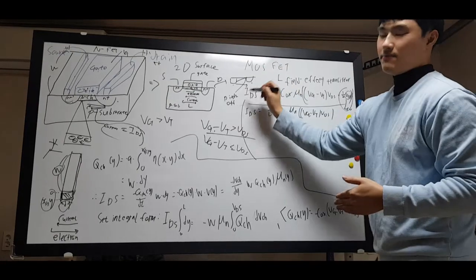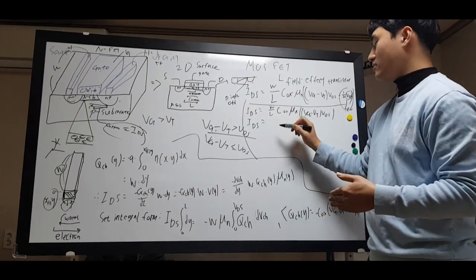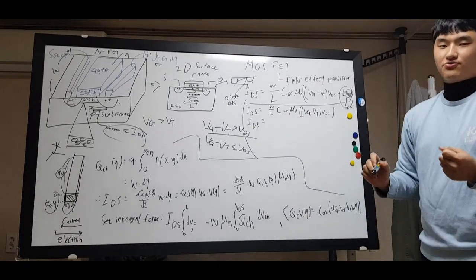So at this situation, at the pinch off state, we derive the equation of the current from drain to source like this.